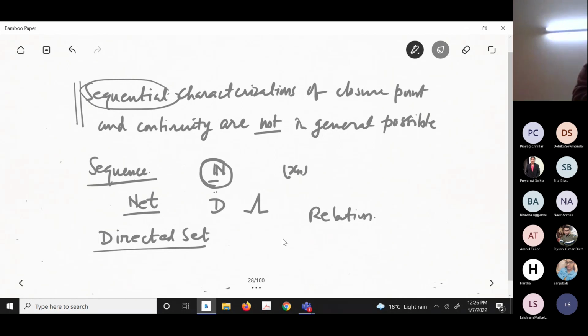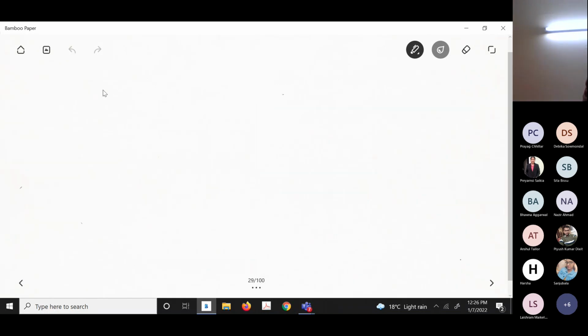we have particularly two types of relation: partial order and equivalence relation. Okay. So let me recall what you learned about relations. First of all, it is reflexive, symmetric, antisymmetric.